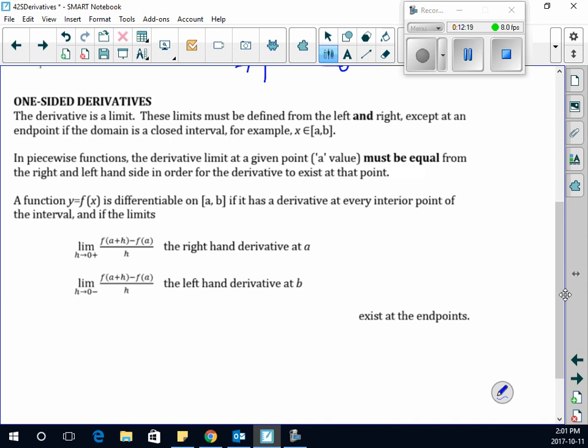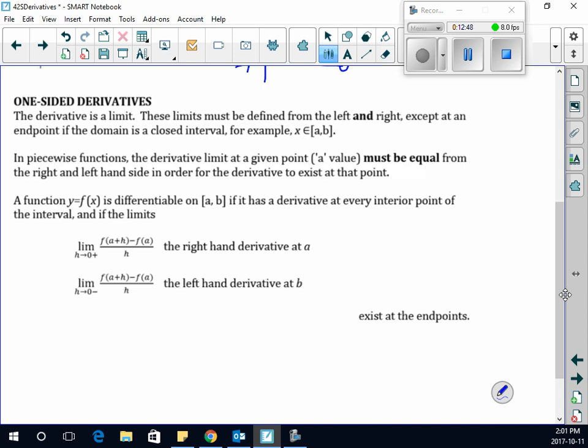So the function f of x is differentiable on a closed interval a, b, if the derivative exists at any interior point of a and b, and the limits on the right and the left exist. So does everybody see? You basically just have to know that these have to exist in order for this to exist. At any interior point, they have to be the same, right?